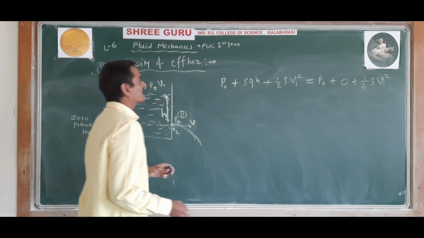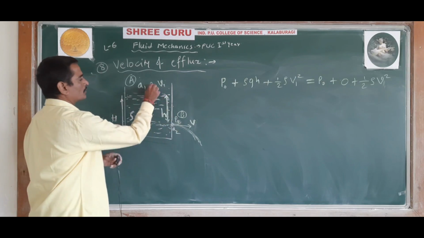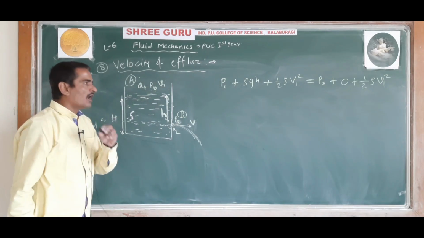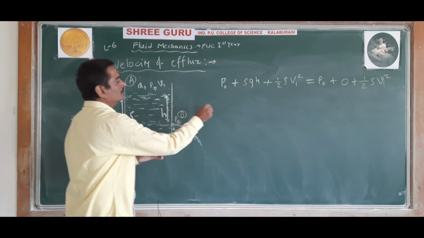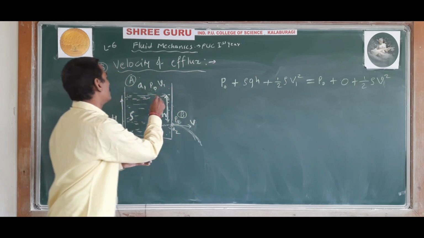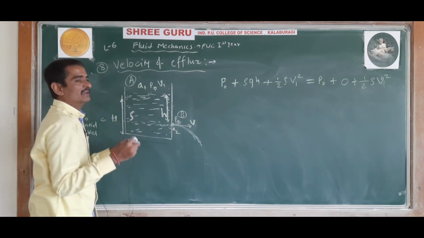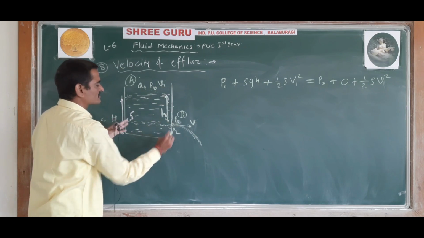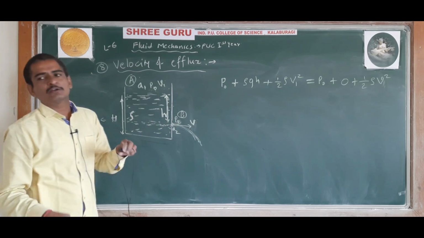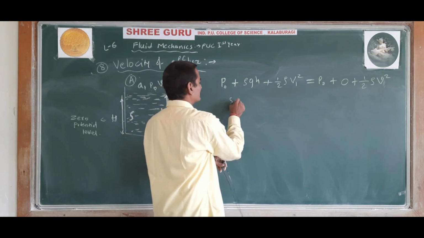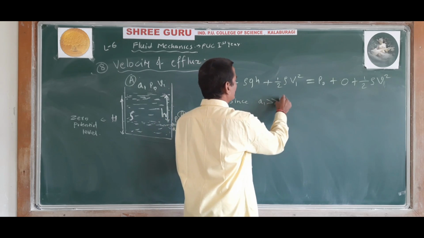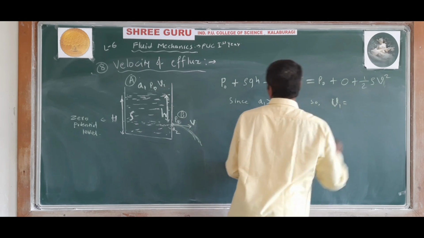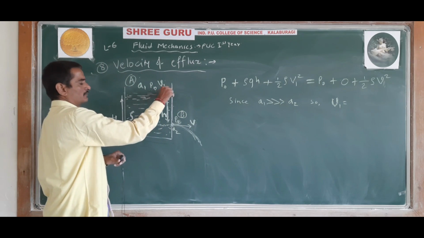Now we observe that pressure at both the points is the same, because both the ends are exposed to atmosphere. Also the velocity at the open surface, that is at the free end: since the area A1 is very large compared to A2, V1 is taken to be almost 0.